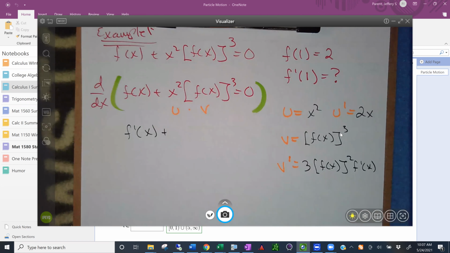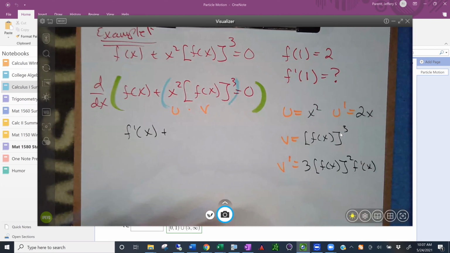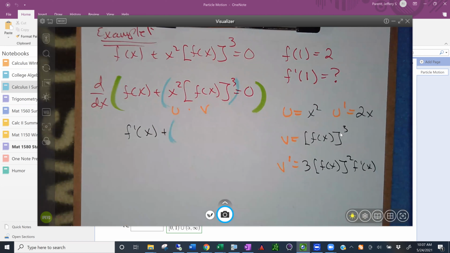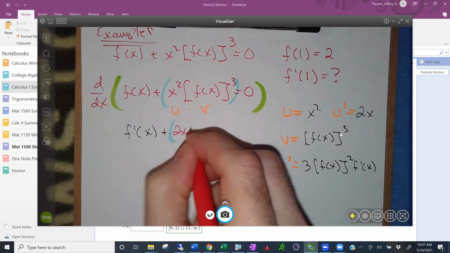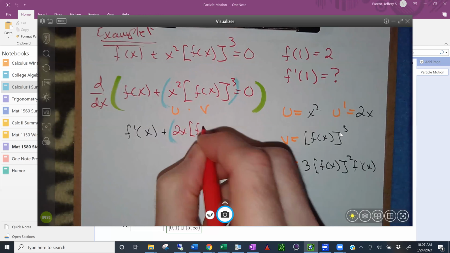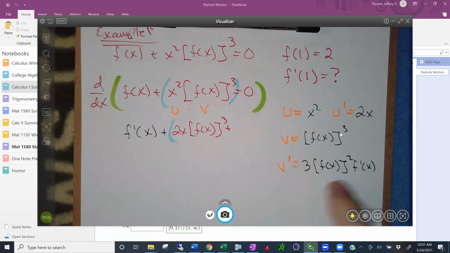So let's put that all together as the derivative of this. It's going to be u prime times v plus v prime times u. So 2x times v, so 2x times f of x cubed, plus v prime, which is going to be all this, times u.